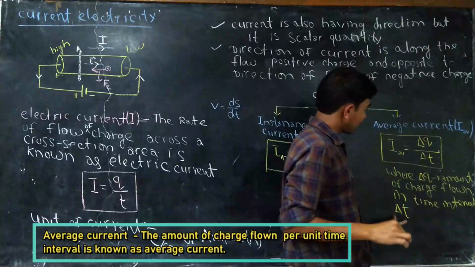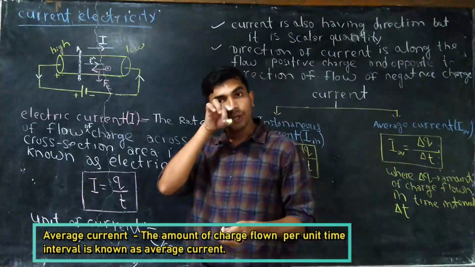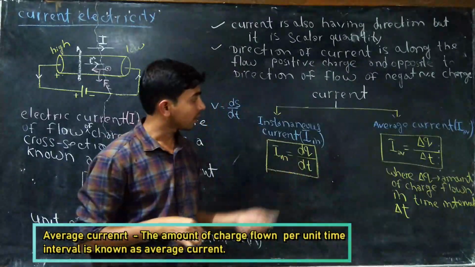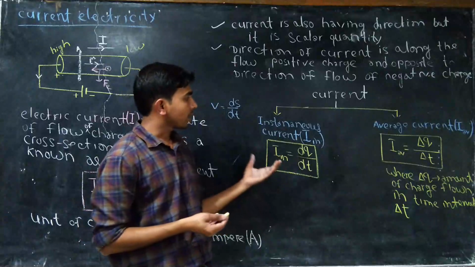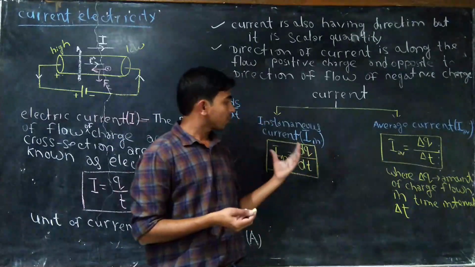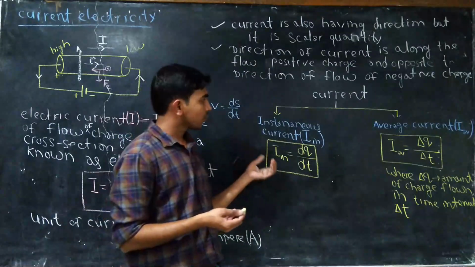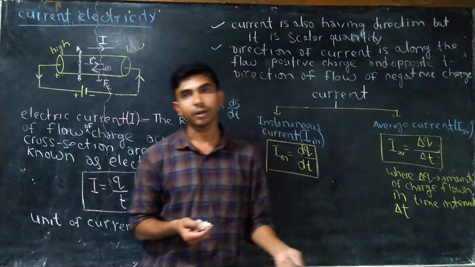So delta t is the time interval and delta q is the amount of charge flown in that interval of time, right? Now I'm going to take one question on this. With the help of that question we are going to calculate instantaneous current as well as average current, okay?